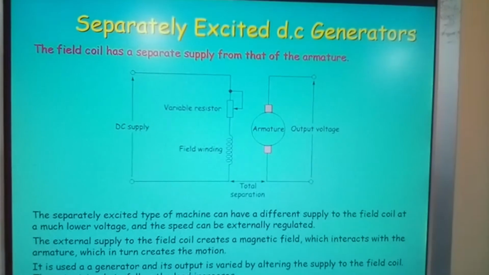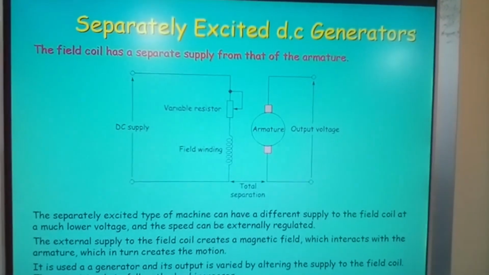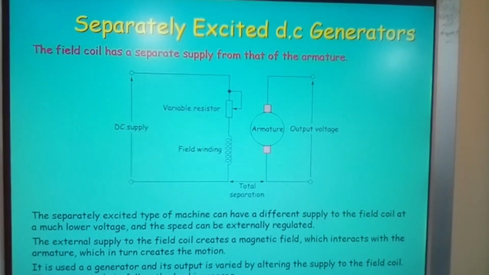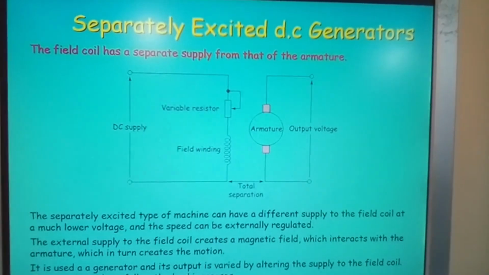Right, here we have separately excited DC generators. The field coil has a separate supply from that of the armature. The separately excited type of machine can have a different supply to the field coil at a much lower voltage, and the speed can be externally regulated.